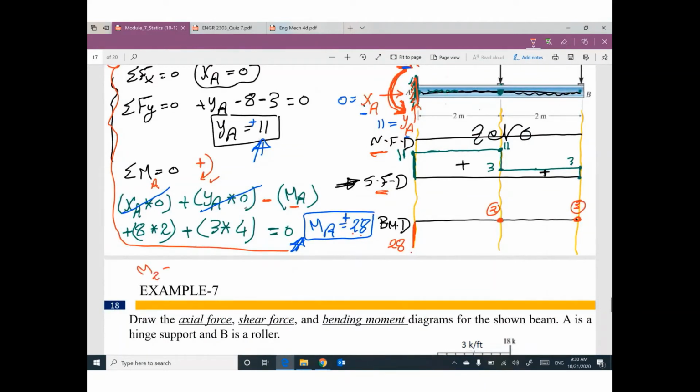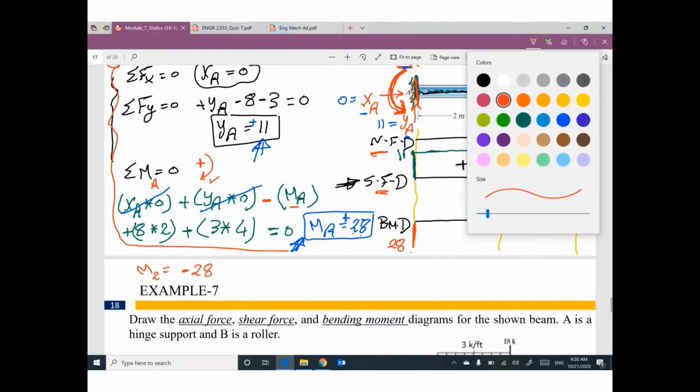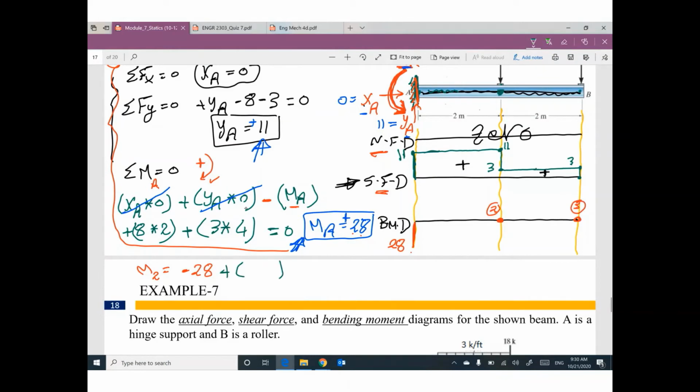M2 equals the previous value, -28, plus the area of the shear force diagram between the 2 points. We have a positive diagram. The area is 11 times 2. So your final answer will be -6.